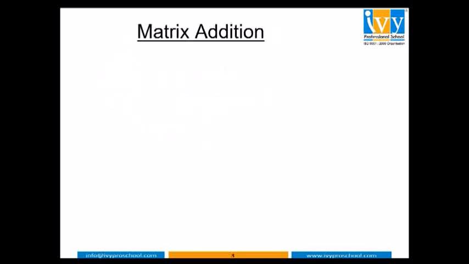So this time I come to some of the mathematical operations we can perform on matrices. So suppose this is a matrix and I have to add this matrix to this. Now the resultant will be something like this. This is the first row and this is the first column.